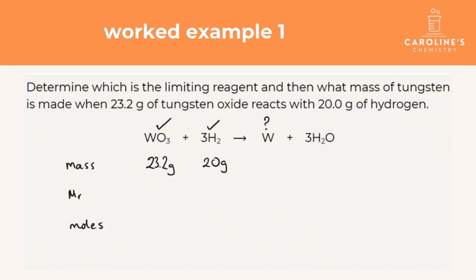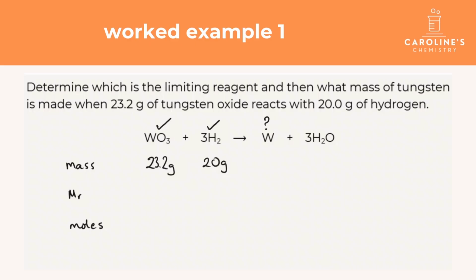So we always start with our ticks. I'm going to work down each column now. I'm going to work out the MR of the tungsten oxide next. I'm going to look on the periodic table and the AR of tungsten is 184. I'm going to add that to 3 lots of oxygen, 3 lots of 16.